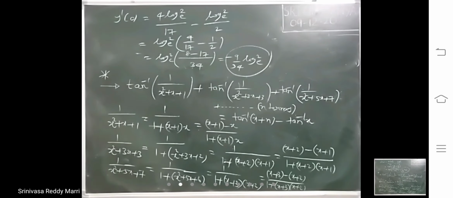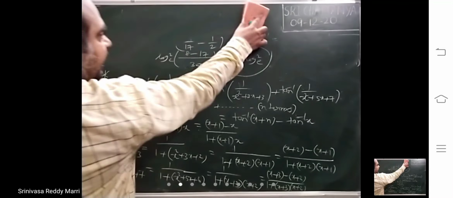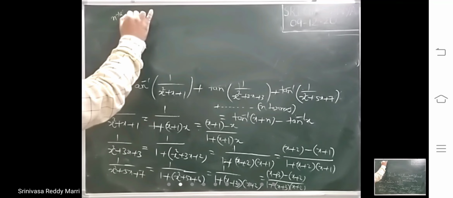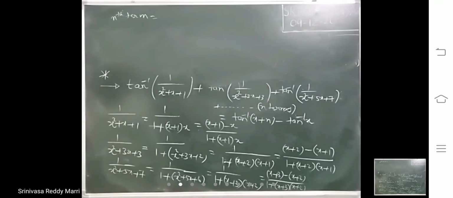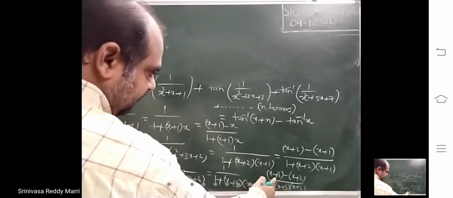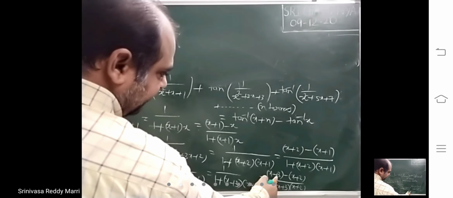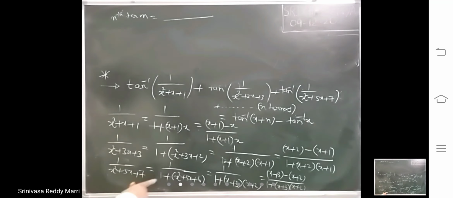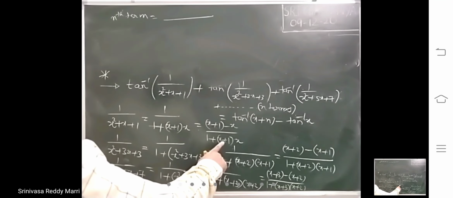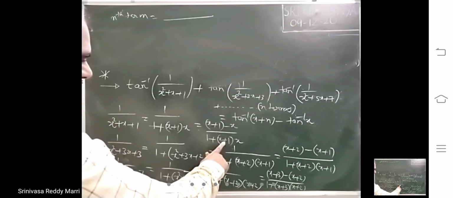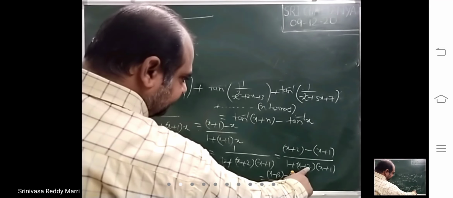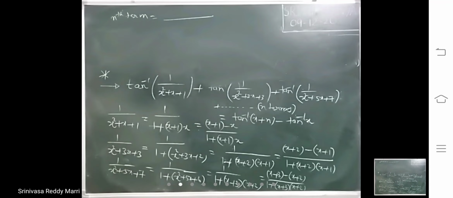Now I am substituting. So the last nth term you can easily write. What is the nth term? Look at the first term, you got (x plus 1) into x, right? Second term, (x plus 2) into (x plus 1), right?